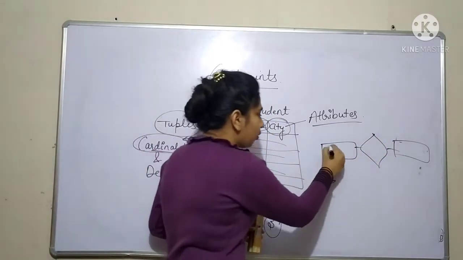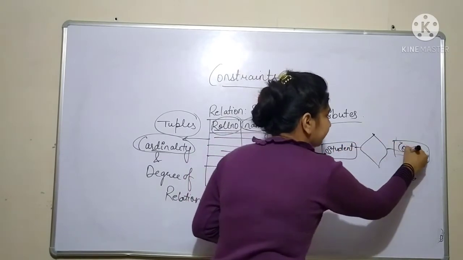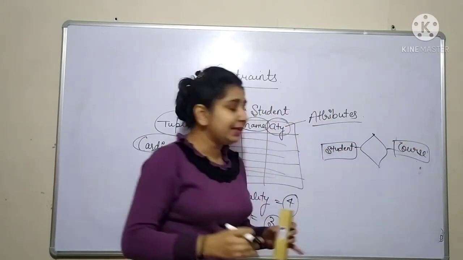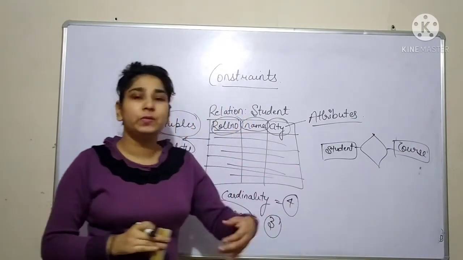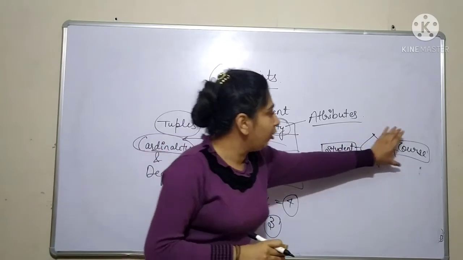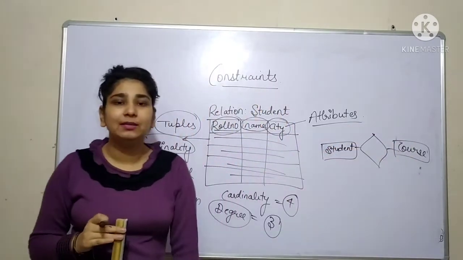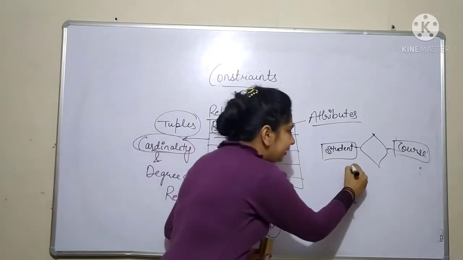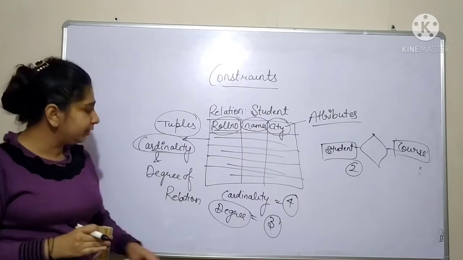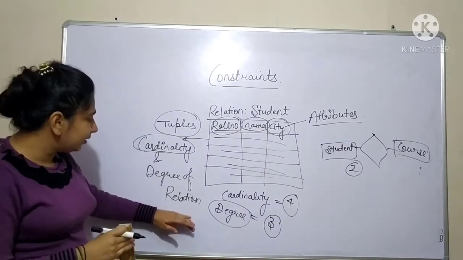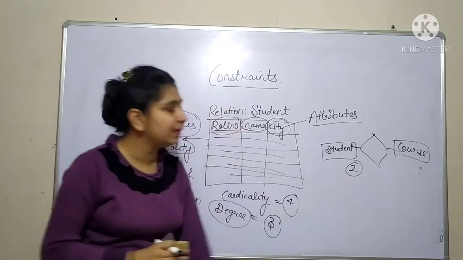Suppose we have student and course. The degree of this relationship is how many entities are involved, so there are 2.